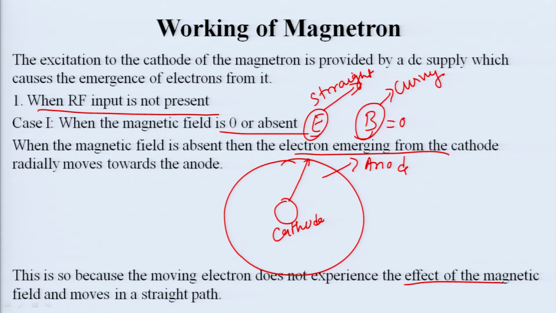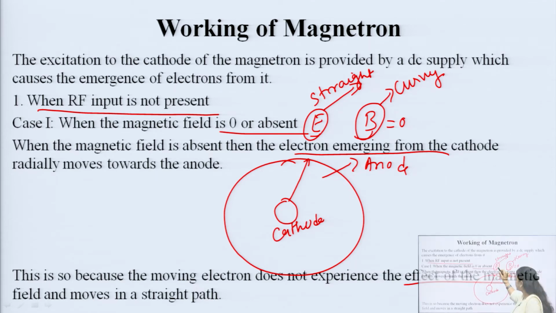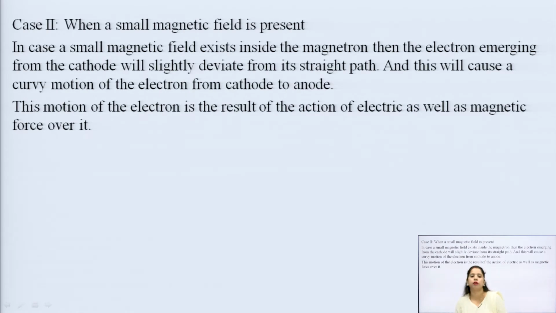Whenever we have the electric field only, it will have a straight path. So, from cathode to anode, the electron will move in a straight path. Whenever you discuss magnetron working in your examination or lectures, you should always try to show it with a diagram where a magnetic field is present.